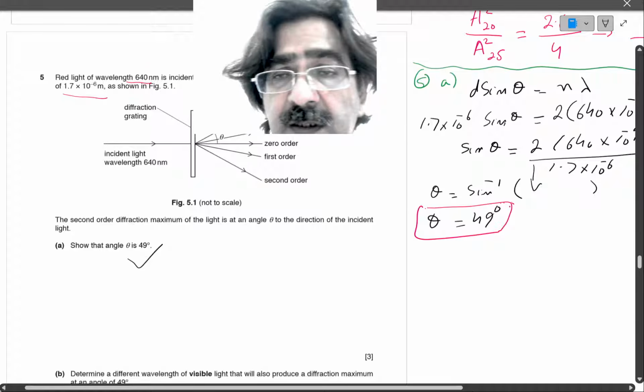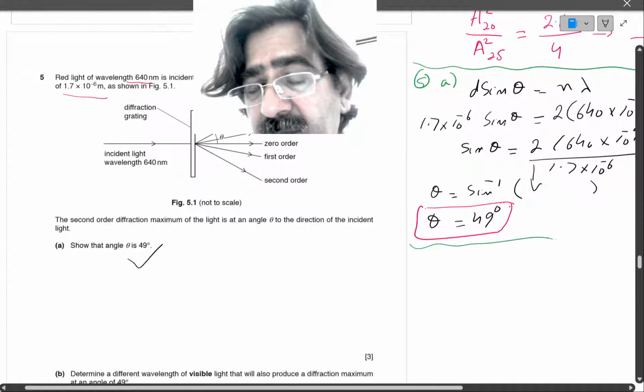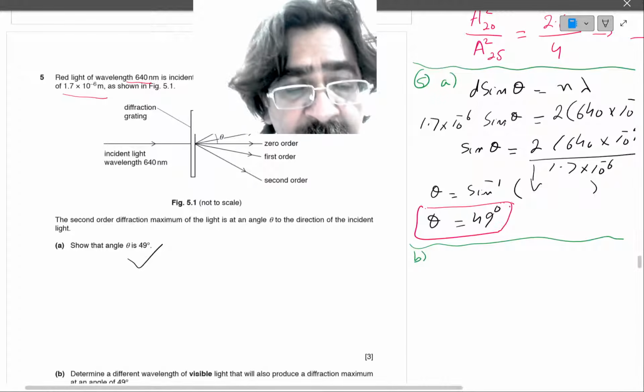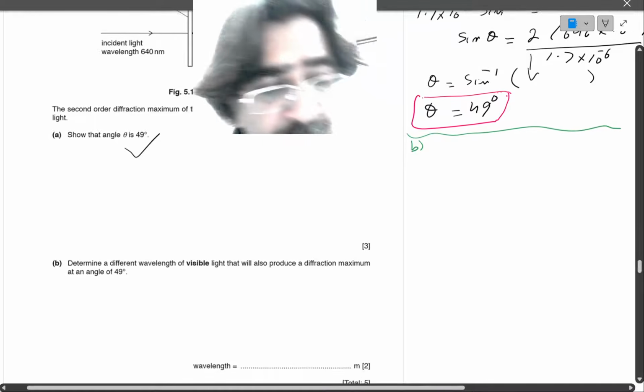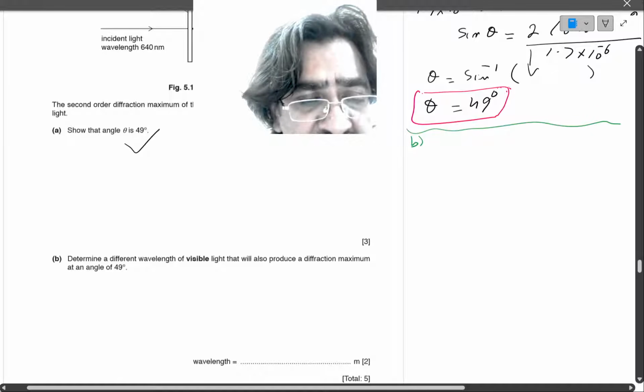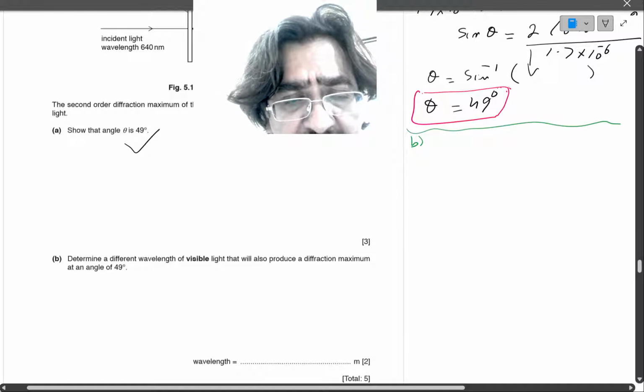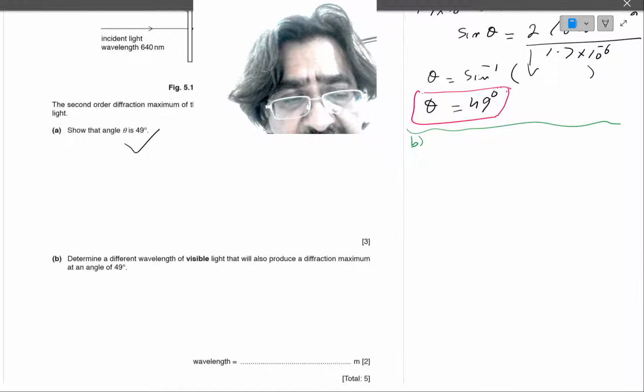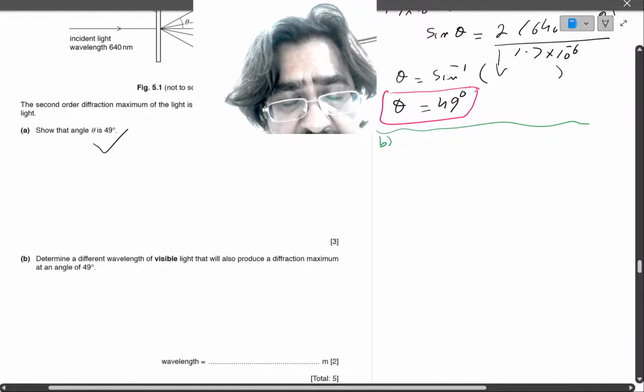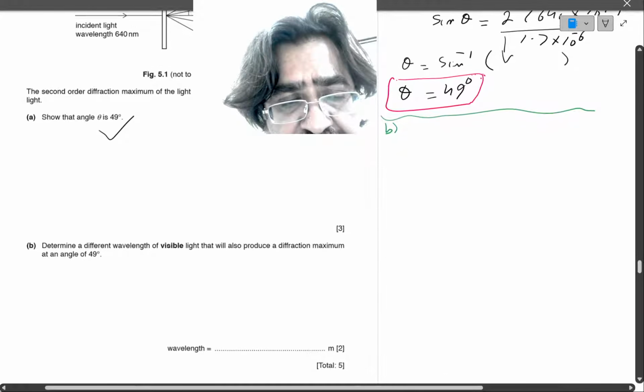Now the other part is the B part. What is the B? Determine the different wavelength of visible light that will also produce diffraction maxima at angle 49. Okay.